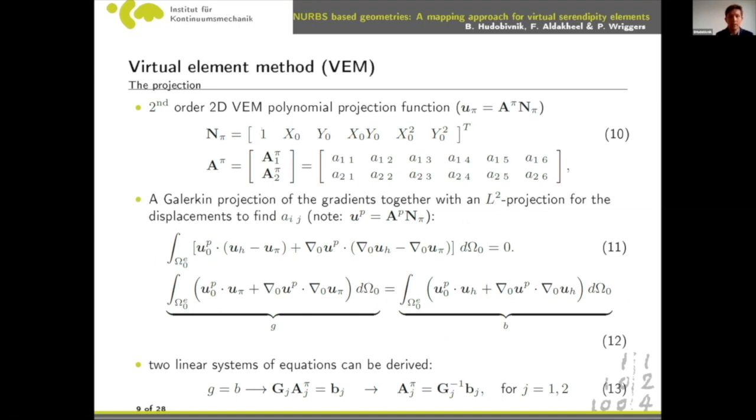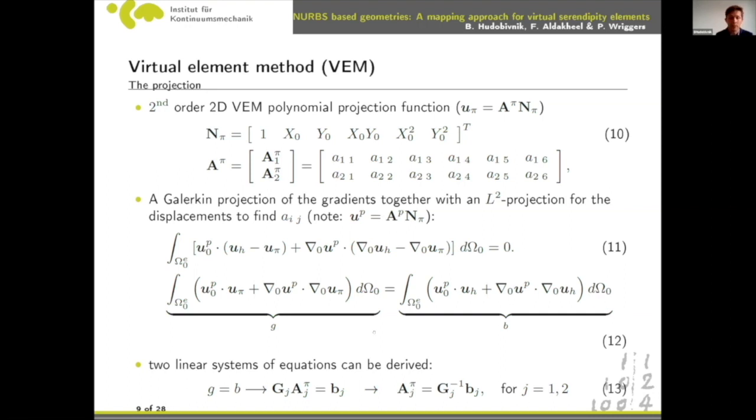So these projection functions look like this. We have 1, x, epsilon x, times epsilon x square multiplied with the matrix coefficients, and then when we multiply those two, we get the projection U pi. Now to find these coefficients A pi, we have to construct a Galerkin type projection of the gradients together with the projection for the displacements, and we multiply the differences with the test function U pi, which is again a projection function, but it has the different coefficients A p, not A pi.